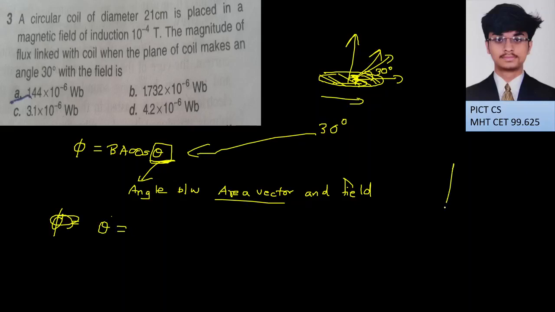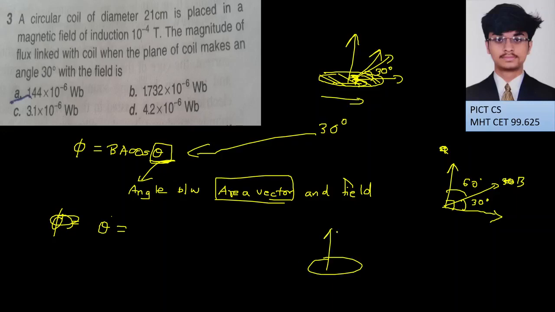We have the area vector upwards, which is at 90 degrees, right? We have the plane here, and at 30 degrees we have the field. So what's this angle? It's 90 minus 30, which is 60 degrees. So basically theta is 60 degrees, the angle between the area vector, like this is the area vector, and the field, is now 60 degrees.